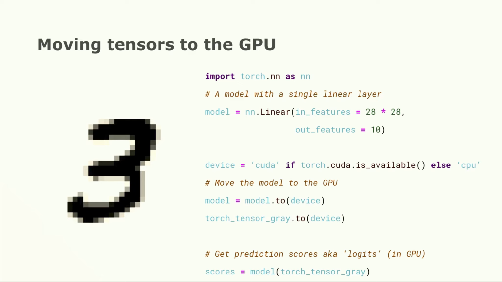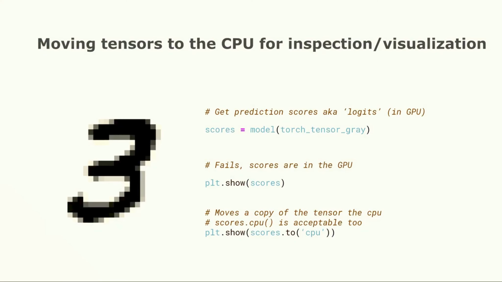In the next slide, we'll see why we need to move tensors back to CPU for certain operations. So here we see why and how to move tensors back to CPU, a very common example, and that is visualization. Visualization libraries like matplotlib operate on the CPU.